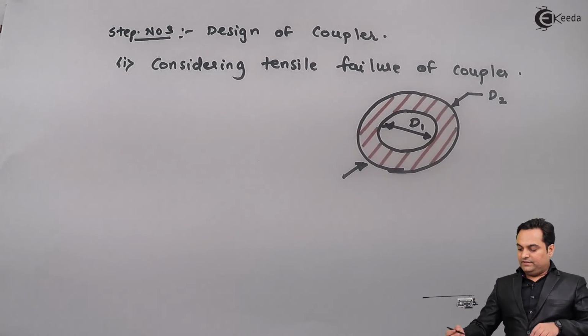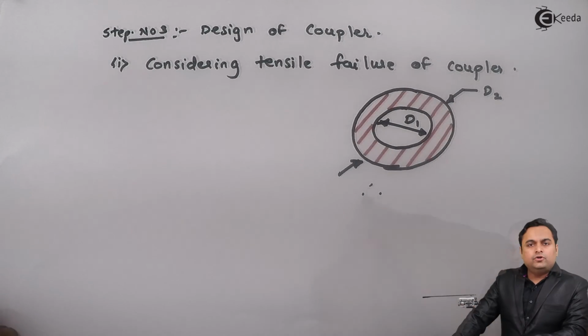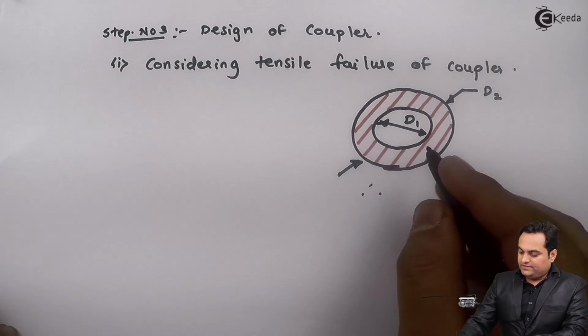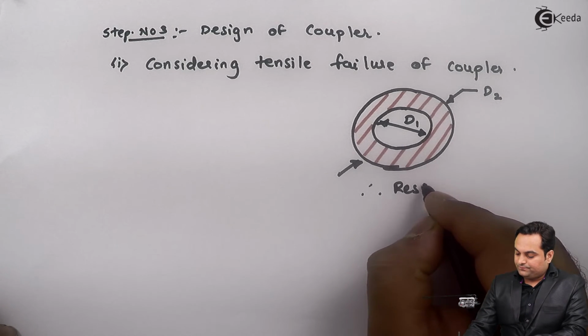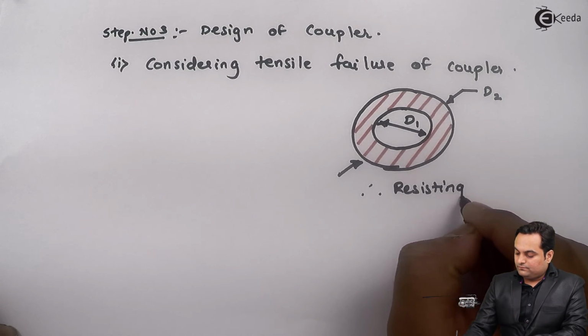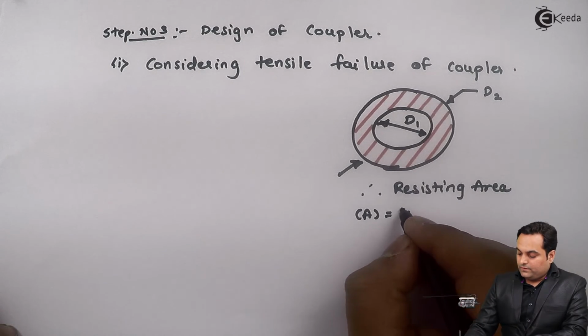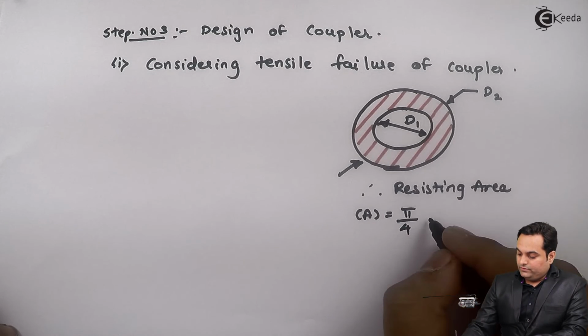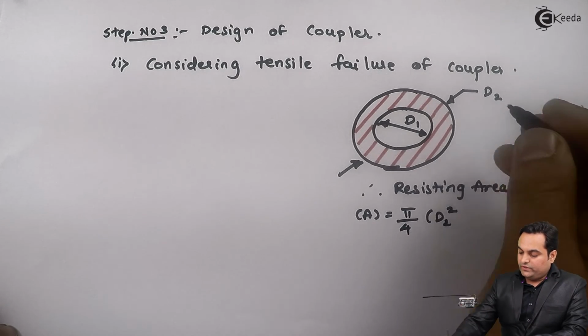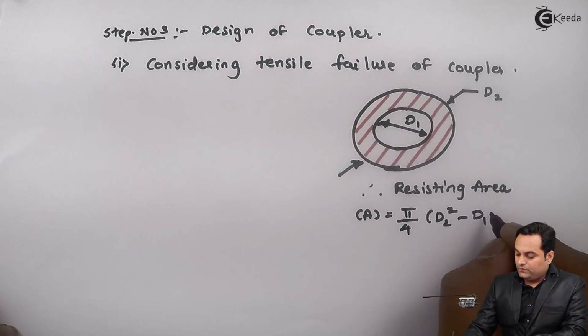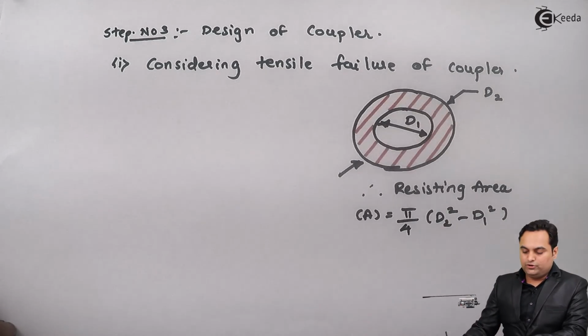So therefore resisting area capital A will be equal to pi by 4 D2 square minus D1 square, since it is a hollow portion.